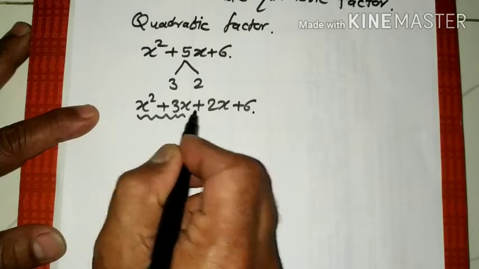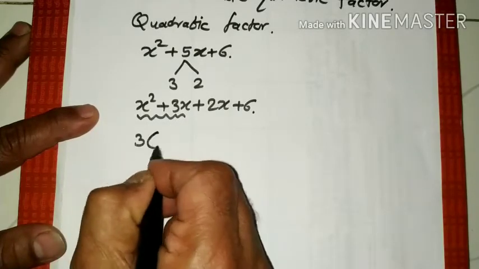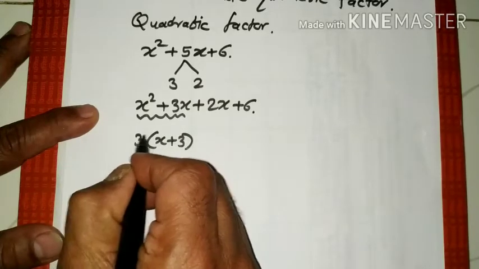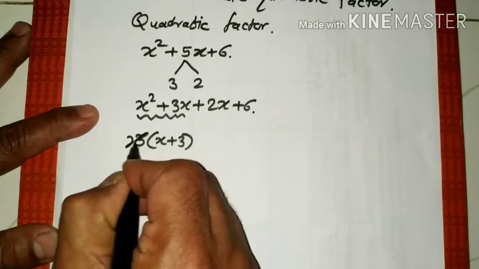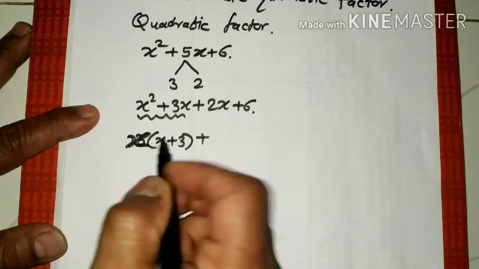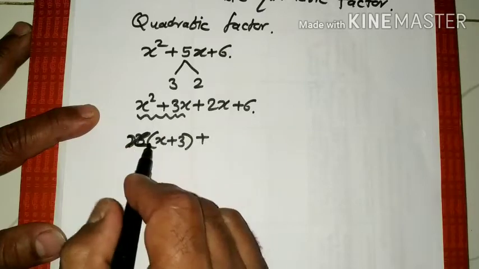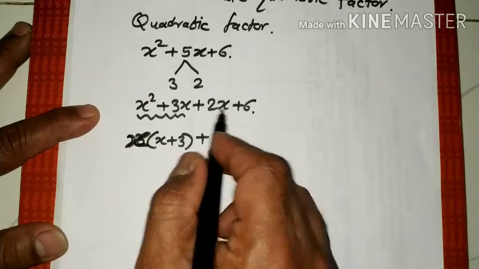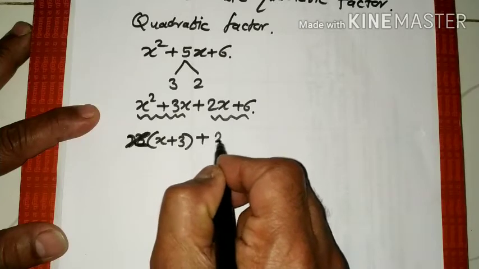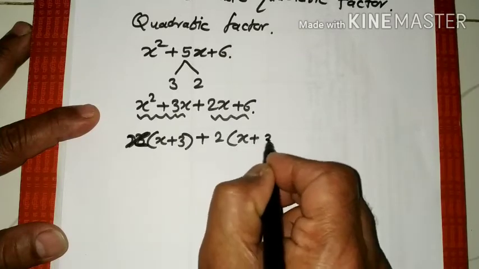Common from the first two terms is x, giving x plus 3, and from the last two terms common is 2, giving x plus 3.